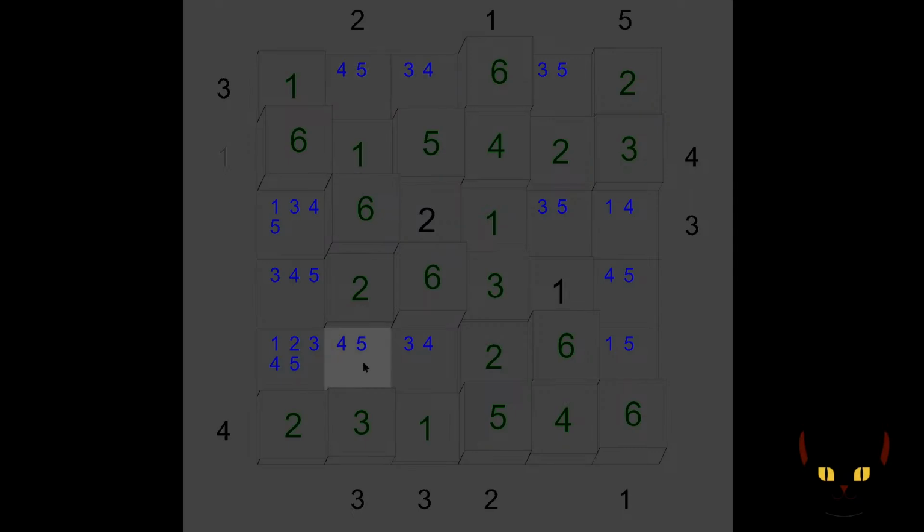Works there. I put the 4 and 5 works there. That's a 5 and that's 1. 5 and not 3.